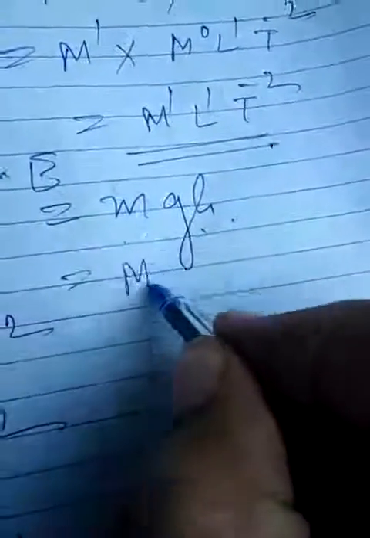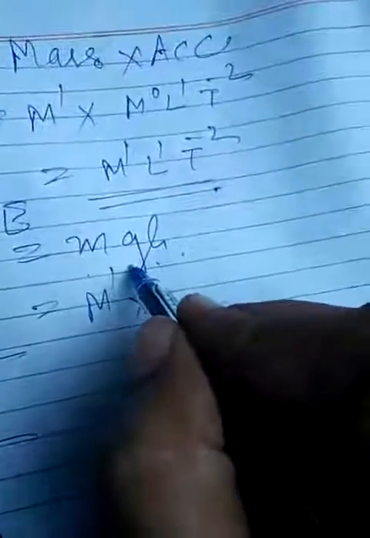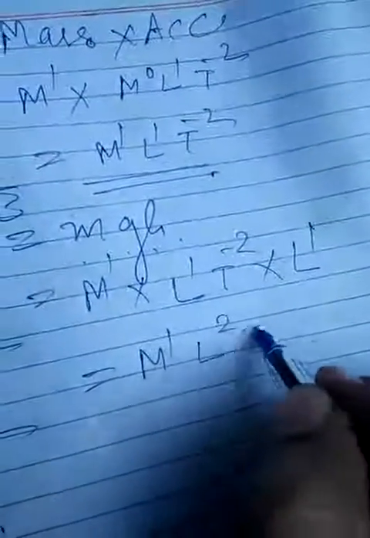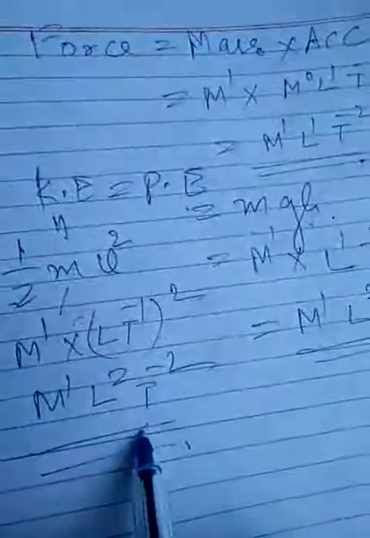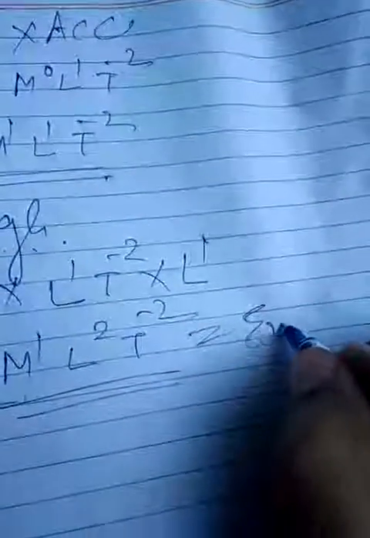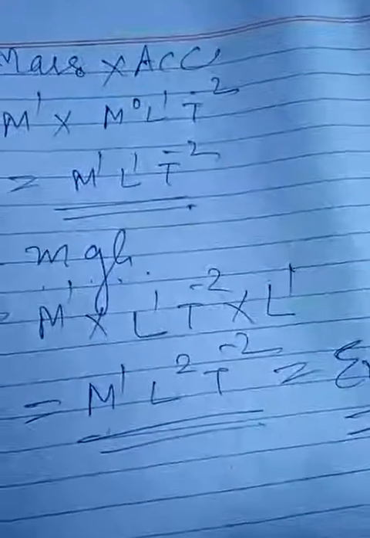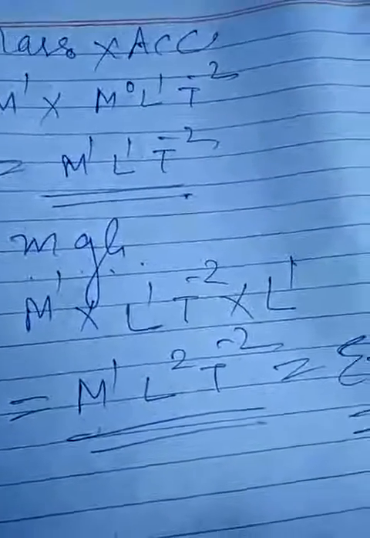Similarly, m has dimensions of M1, g is acceleration, L T minus 2, height is L1, so it will be M1 L2 T minus 2. So whether it is potential or kinetic, both have the same dimensions of M1 L2 T minus 2.